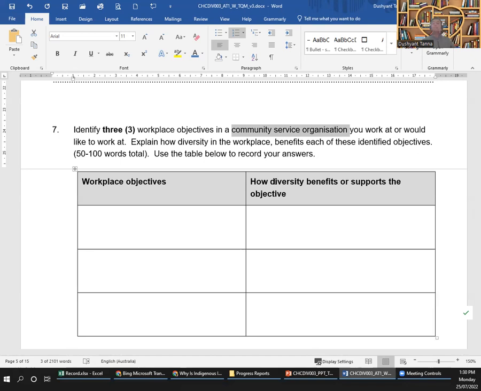Yes, organization goal, that's right. But you have to be specific about what goal you are trying to solve. When you pick an objective, you talk about its benefit, why diversity is supporting that objective. Let me give you one example. Say your company, like most companies, takes care of its clients or customers and tries to provide them the best service possible.